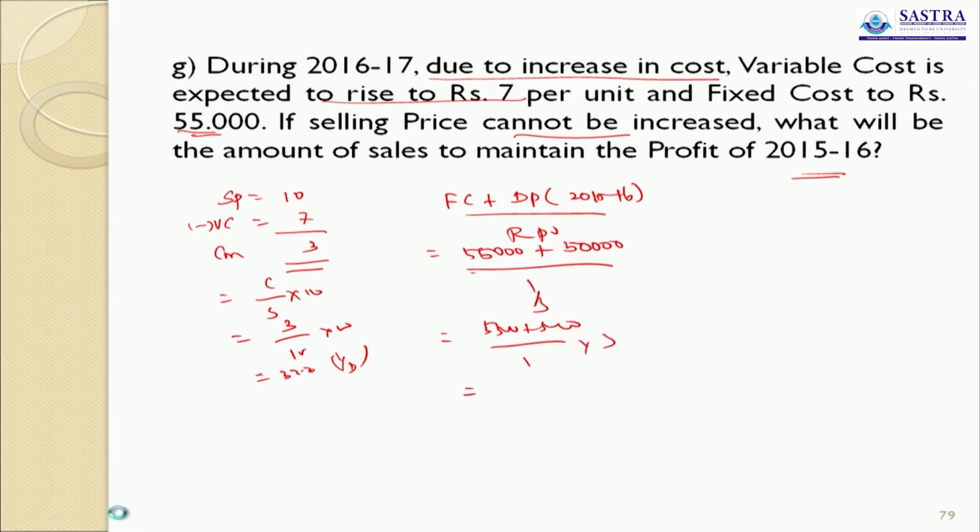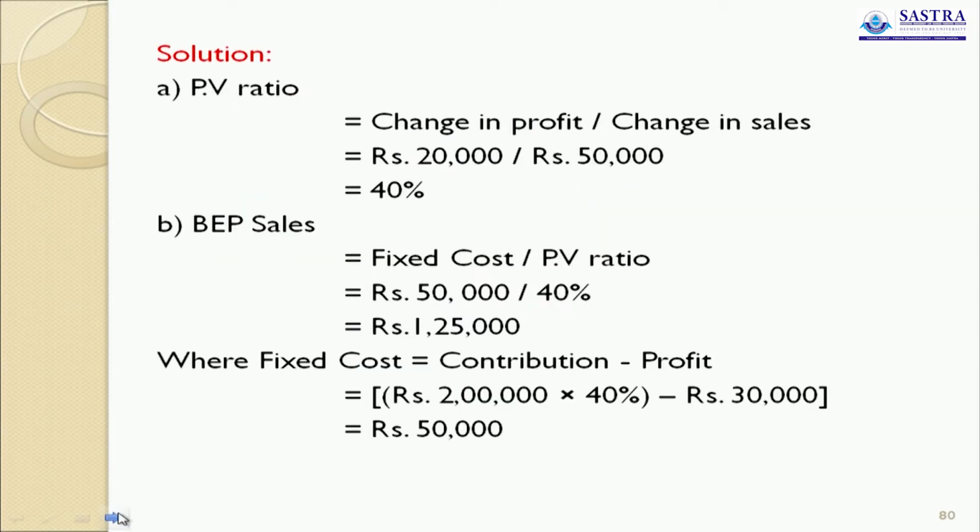So, now we will see the detailed answer of all the above questions. Already I have explained to you. First question is PV ratio: change in profit divided by change in sales into 100. Change in profit is 20,000, change in sales is 50,000. So, PV ratio is 40%. Very simple. Why we have chosen this formula?